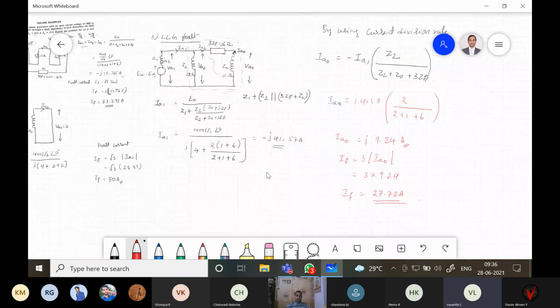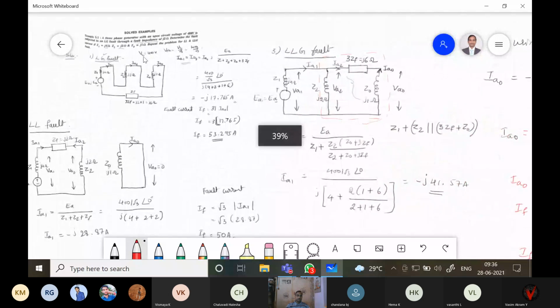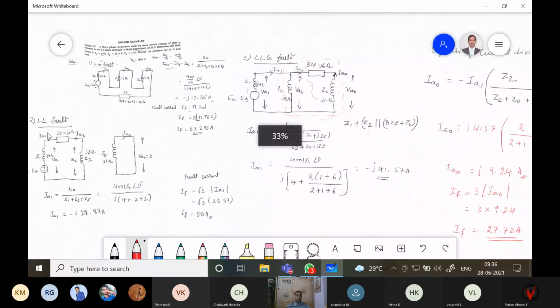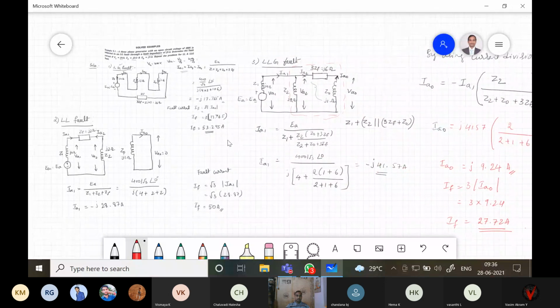In this problem, he has asked for 3 cases: first case for LG fault, second case for LL fault, and third case for LLG fault. In all the cases, we need to calculate the fault current, which is called IF.